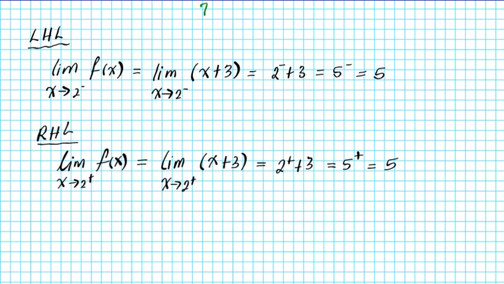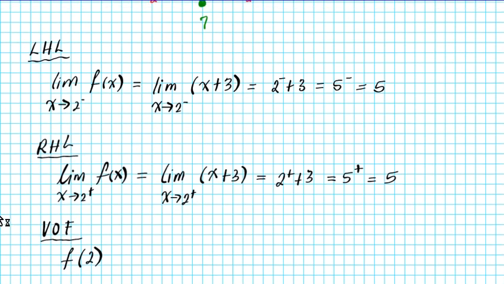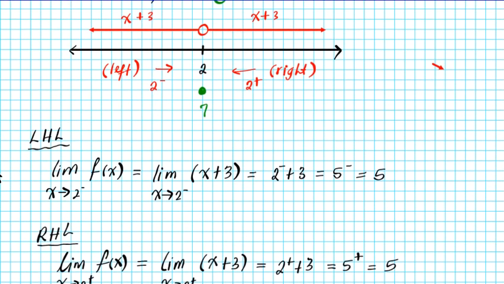Let's take a look at the value of the function. The value of the function is basically what the function is evaluated at that breakpoint, f of 2. Now let's take a look at the graph we have here. We can see that at 2, the function attains the value of 7.